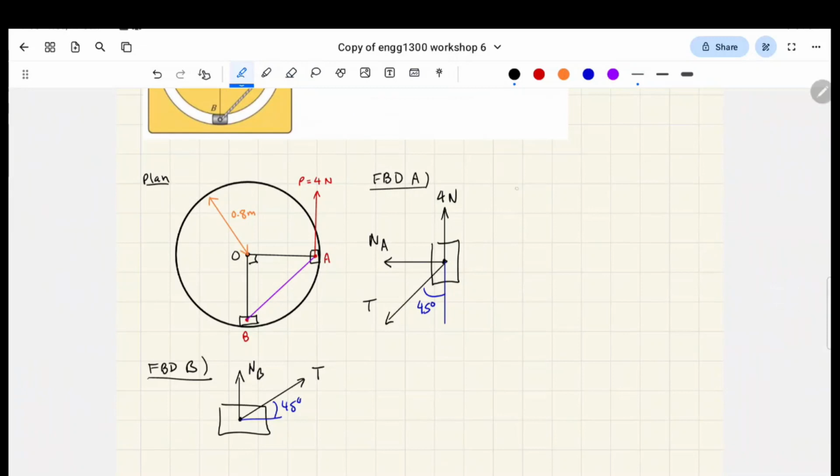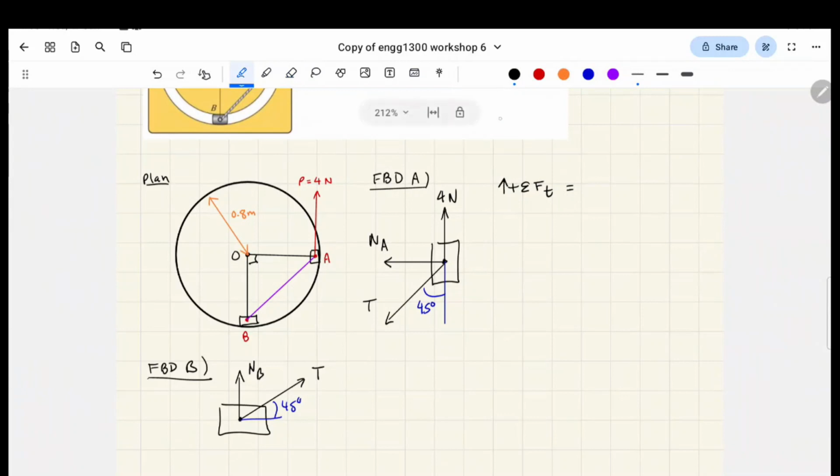So what I'm going to do is take the sum of the normal forces and tangential forces, but I take the positive direction as the direction of acceleration, or the direction of motion. So the tangential is going to look like that.